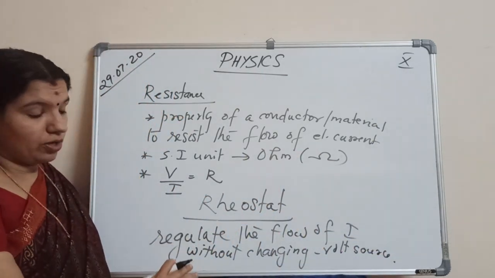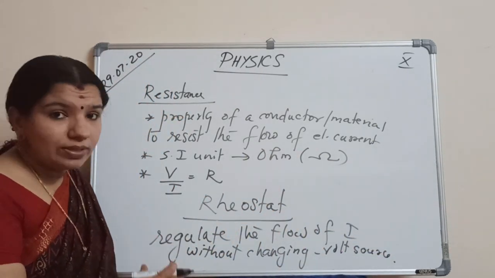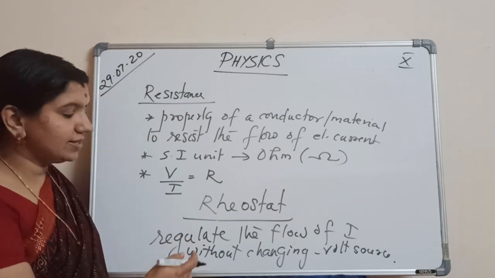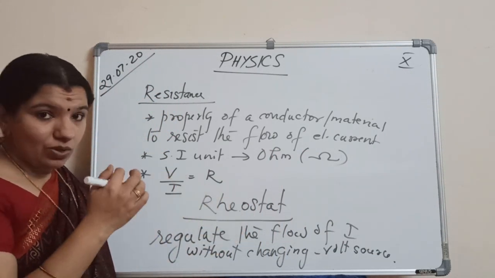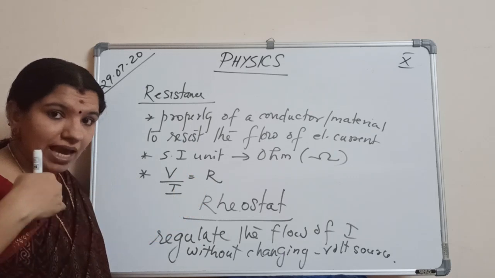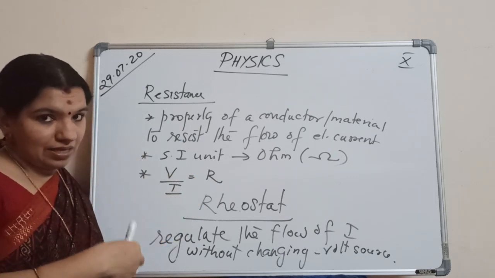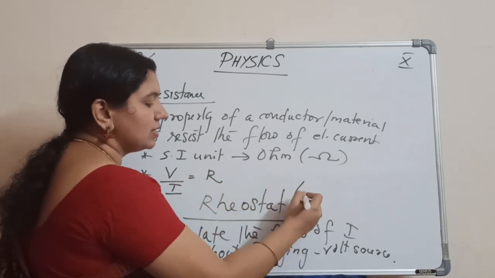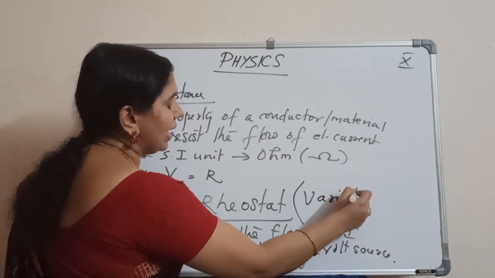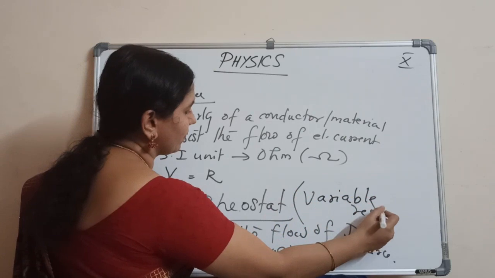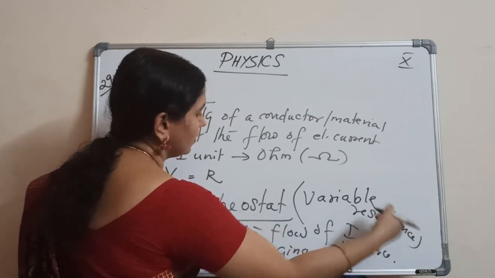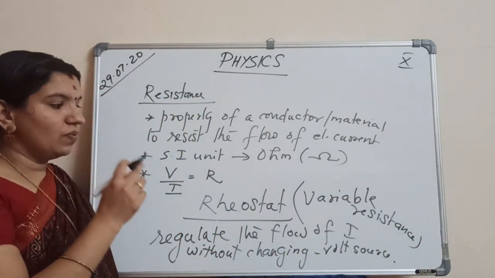Okay, it's very important. Without changing the voltage source. This is called a rheostat. So rheostat can be varied, right? It has different values of what? Resistance. So rheostat is also known as variable resistance.